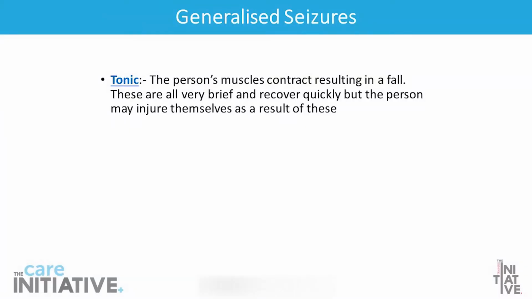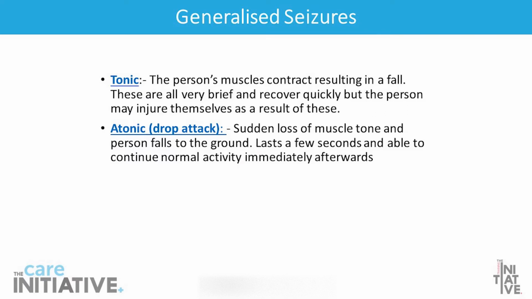Now, tonic and atonic seizures are both typically very brief seizures, and these are what we call generalised seizures. And they often happen with no warning. A tonic seizure will cause the individual's body to go tense and rigid, and that may cause them to fall, often backwards.